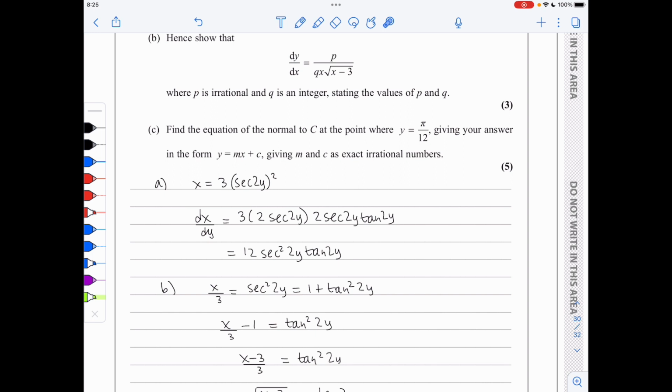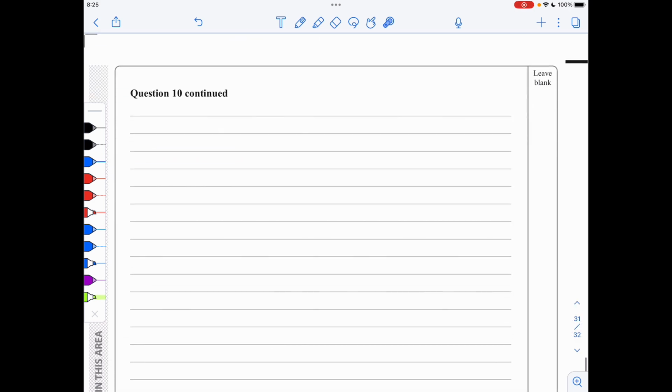And C, we need to find the equation of the normal where y is pi over 12. So I will start by finding the value of x when y is pi over 12. So x is 3 sec squared of 2y, which turns out to be 4. I will evaluate dy dx at x is 4.